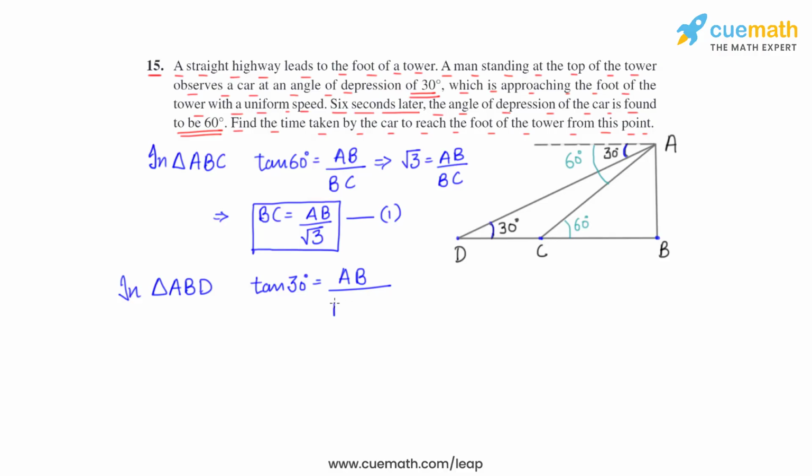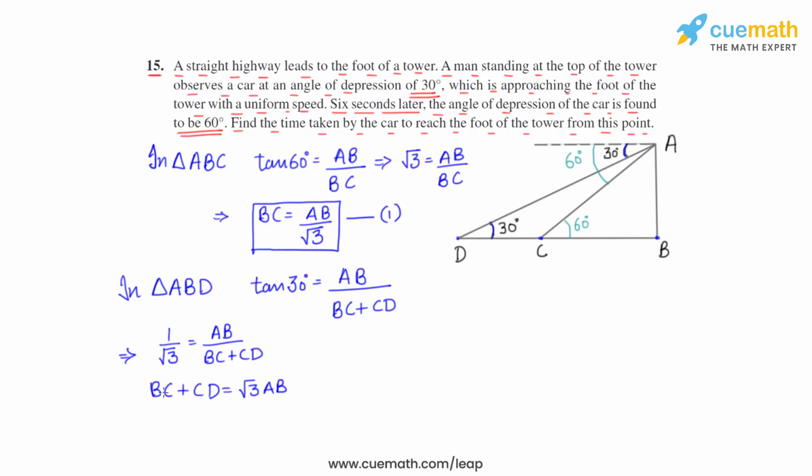So BC plus CD. Now tan 30 is 1 by square root 3, which is equal to AB by BC plus CD. Cross multiply, so BC plus CD is equal to square root 3 into AB.